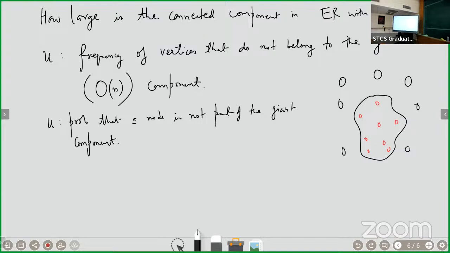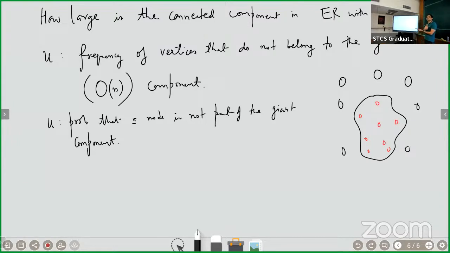So for thinking about this, we need to first work in the regime where the giant component exists, right? That's the whole point. I'm trying to find out U. If the giant component doesn't exist, then U is like one.